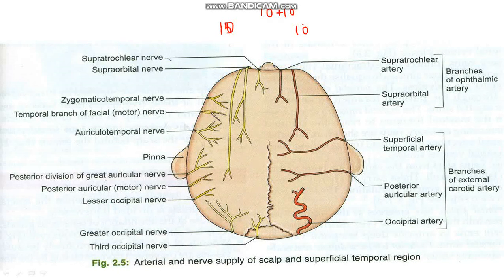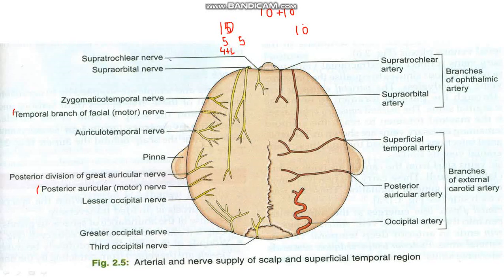Now out of these 10, 5 are anterior, in front of the auricle, and 5 are behind the auricle. Of these 5, 4 are sensory and one is motor.